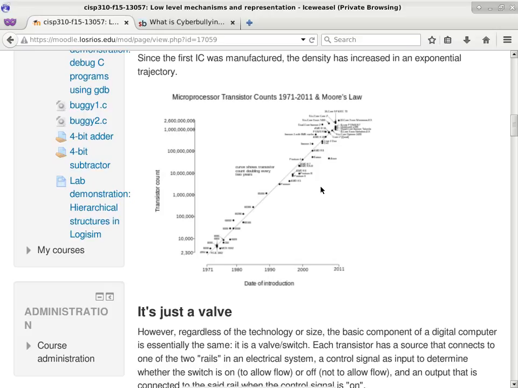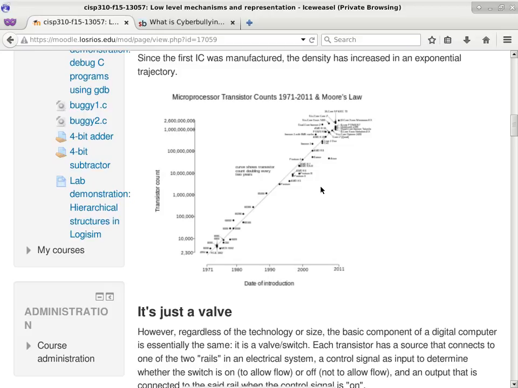They were getting down to almost a micron, which is 1,000 nanometers. They thought they hit the limit when they were making transistors of 1,000 nanometers, and they thought the device physics would not allow transistors to go any smaller.